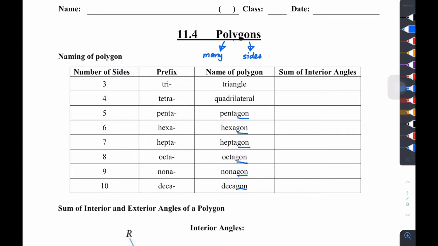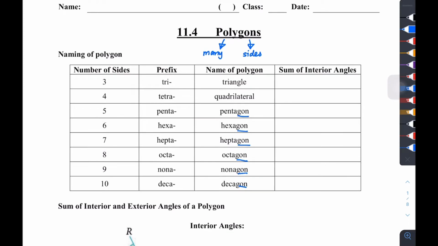However, in general, we use words to represent the numbers. So something with 5, we call it penta. So the name of the polygon is actually called pentagon.